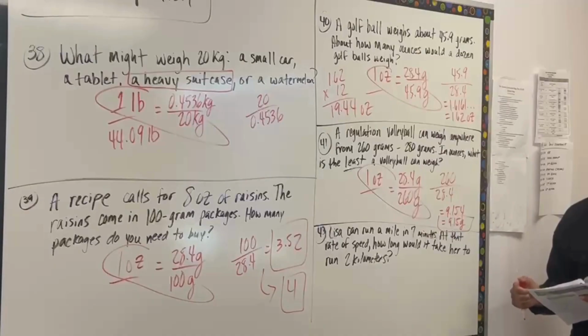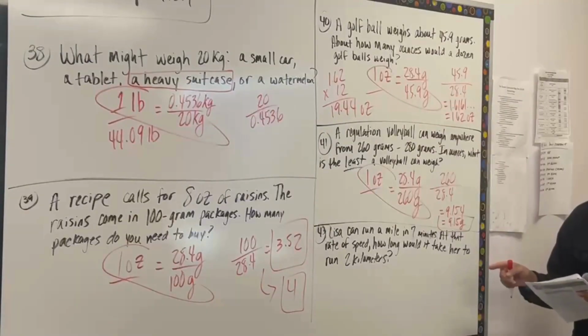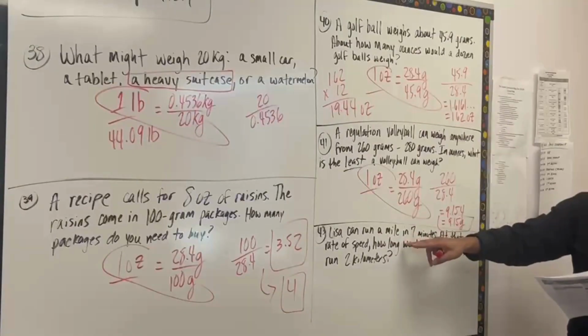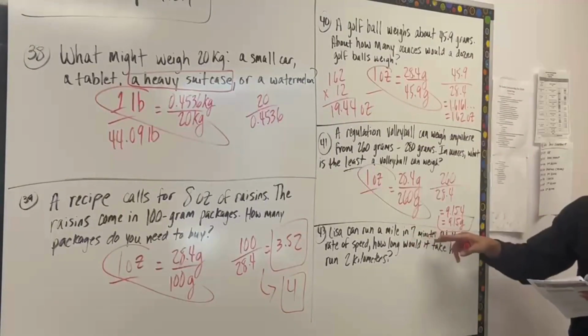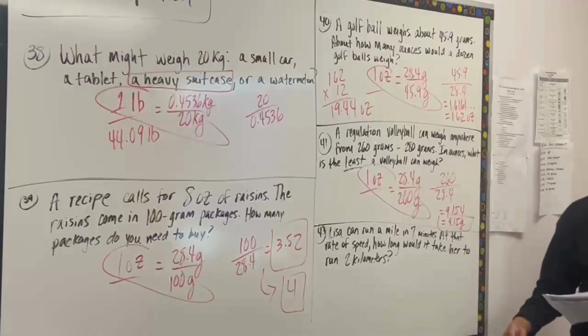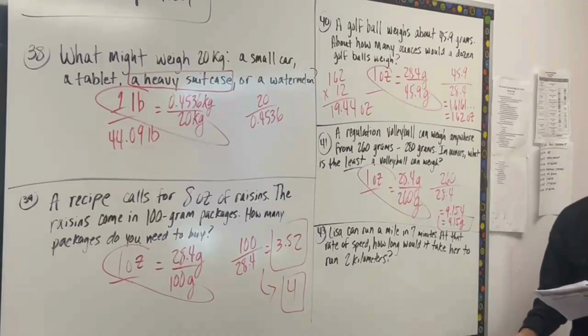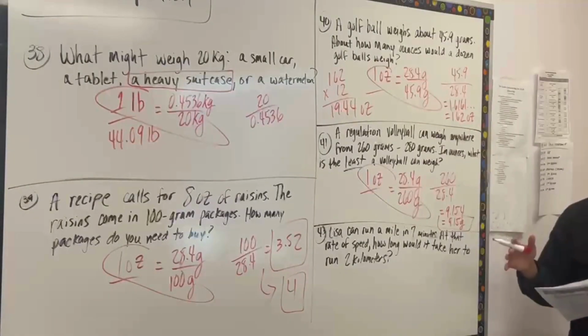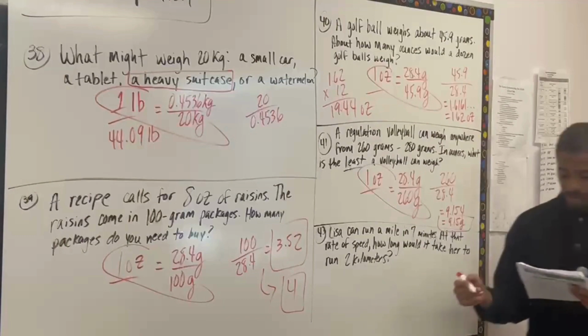Okay. Now, if you're looking at this problem, it's a couple things. It tells us how many minutes it takes her to run a mile. Then it asks kilometers. What's the first thing you need to do in this problem, good people? You got to convert kilometers to miles. Before you can even figure out how long it would take, you got to convert kilometers to miles.